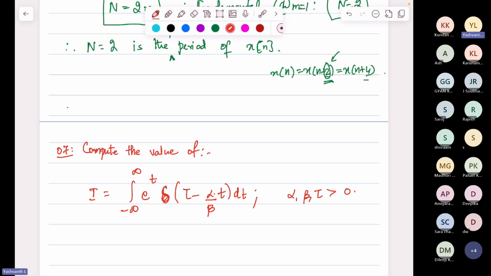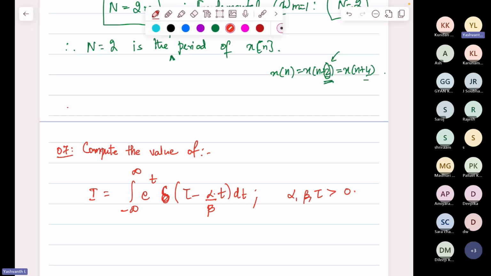I just need to evaluate. This problem is only to understand how to work with formulas or integrals involving impulse functions or impulse signals.